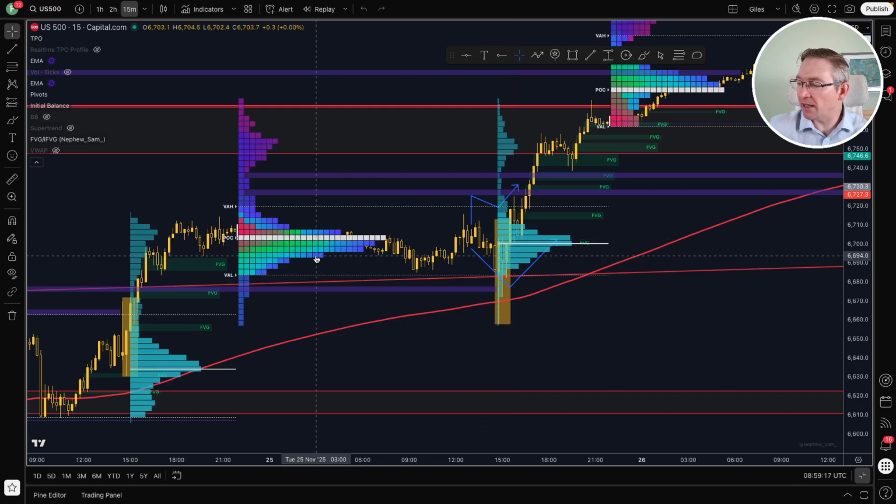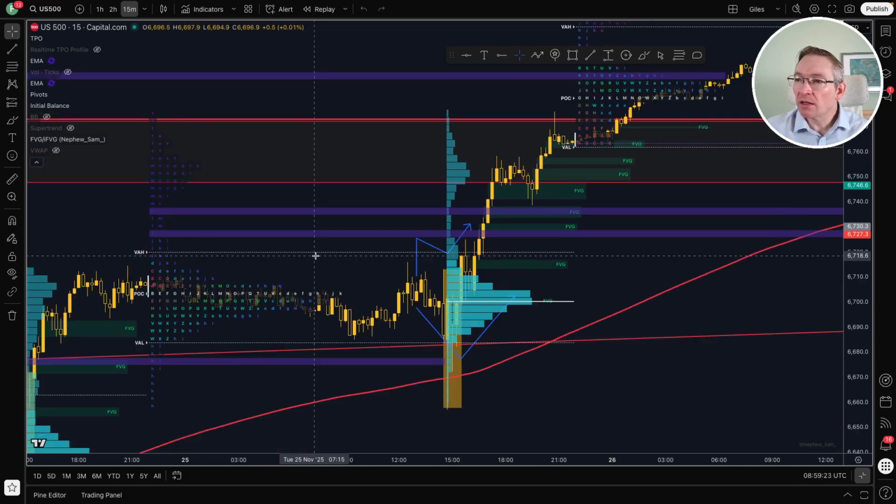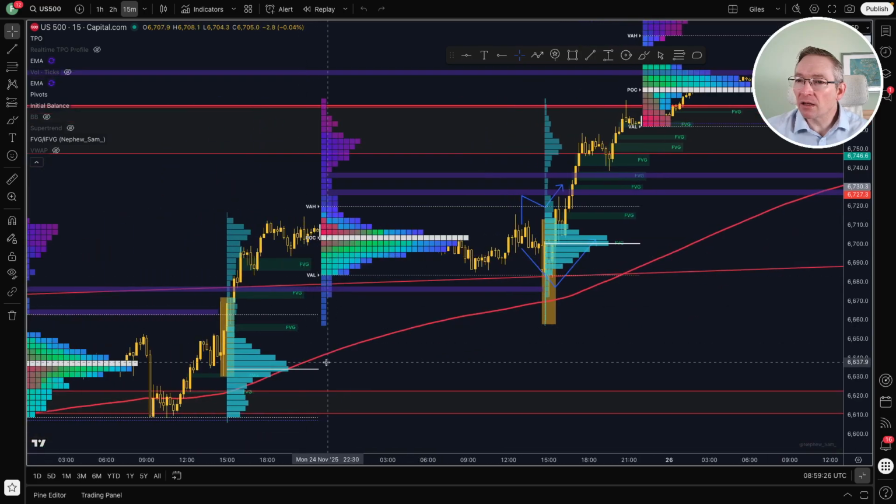So you can see here on the Monday, price went to these levels here. Price traded at 6670, 6660. But look, it didn't spend any time there at all.